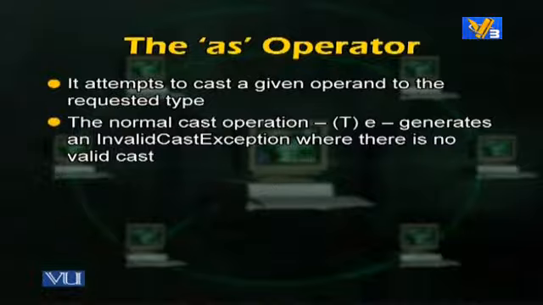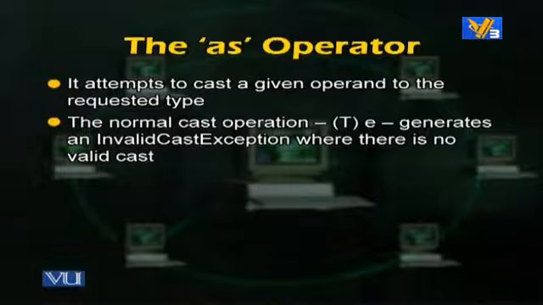That is, we have this (T)E, where E is the expression and T is the target type into which you want to convert this expression, that explicit conversion. Unfortunately, it generates an invalid cast exception when there is no valid cast. That means if E cannot be converted into the target type, there is a total mismatch somehow.